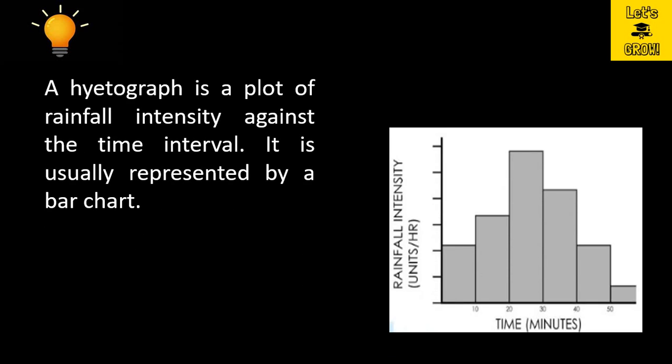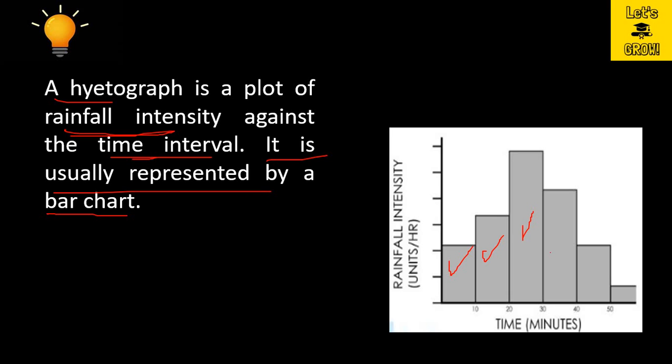Now we will discuss the hyetograph. A hyetograph is a plot of rainfall intensity against the time interval. So it is a graph between rainfall intensity and time, and it is usually presented as a bar chart. Here this is an image of a hyetograph. In a hyetograph you can see these bars, these rectangular boxes.